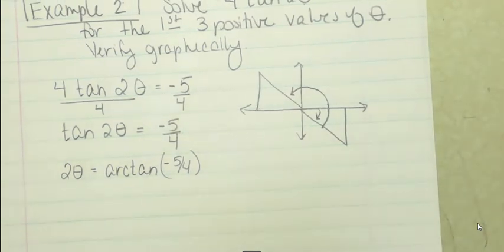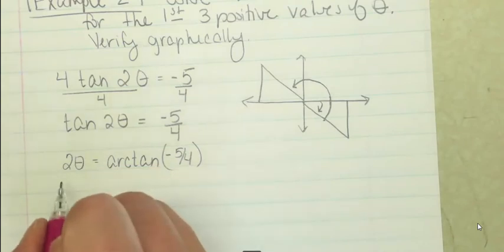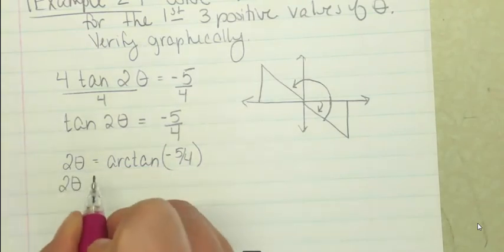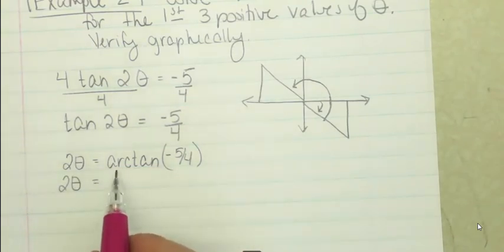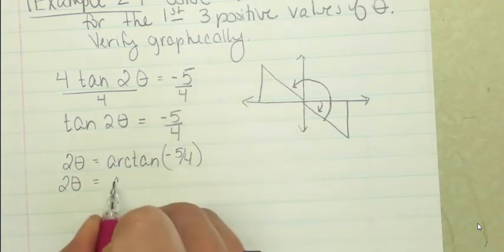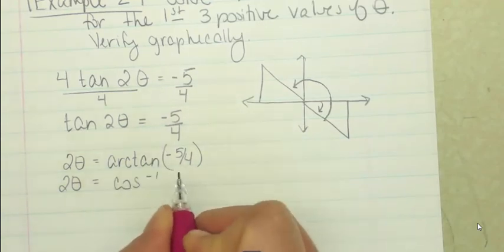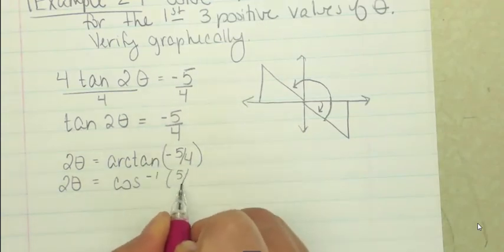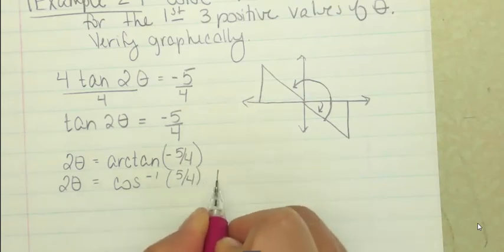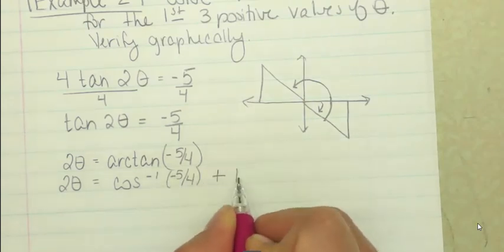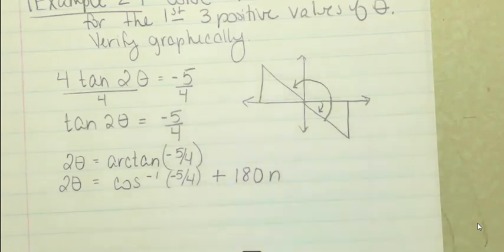Now I'm in degrees here, so I'm going to be adding 180 degrees. So I'm going to take 2 theta, and I'm going to go ahead and turn this into cosine inverse of -5/4, plus a half revolution, however many half revolutions I want.